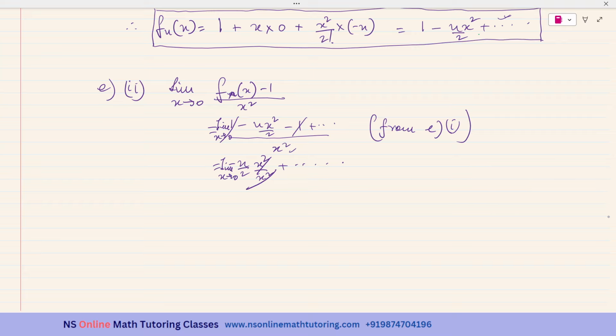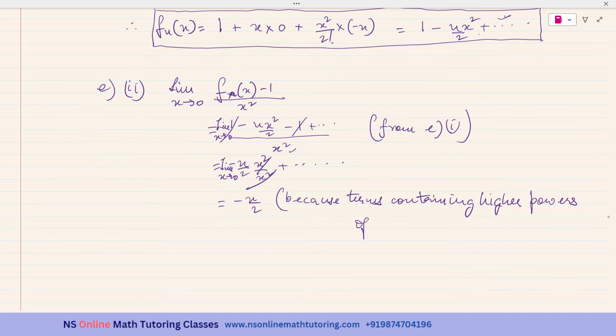Okay, so this is equal to minus n over 2 because terms containing higher powers of x will be 0 as x approaches 0.